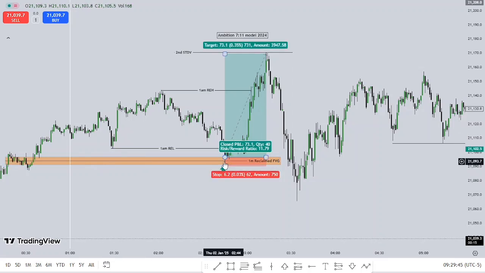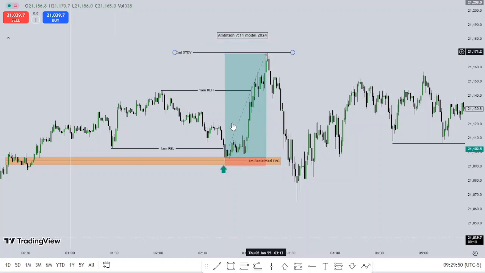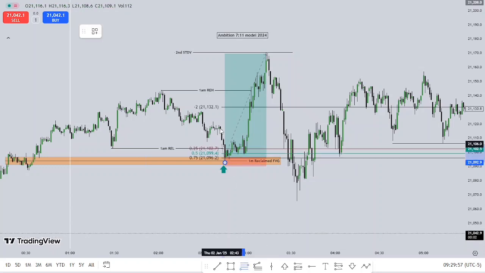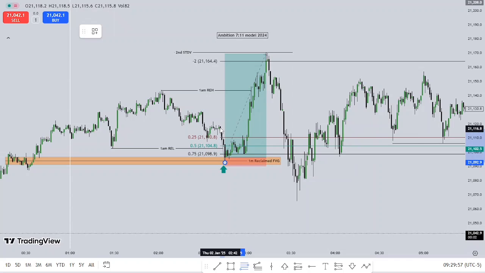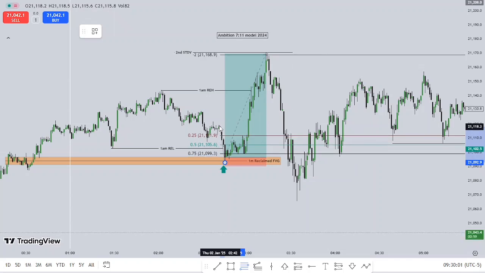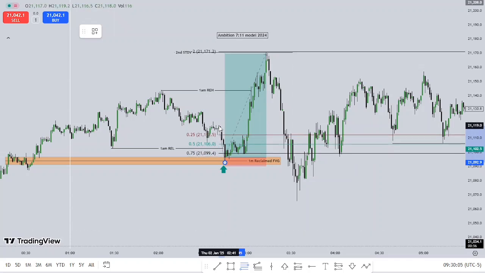And when price gets to this low here, we target the second standard deviation, which we measure using our Fibonacci. We have our mentorship, and a deep dive on this model to show you the basics and how it works. Even our Fibonacci has its own specific levels to give you the specific direction on where price is likely to go.